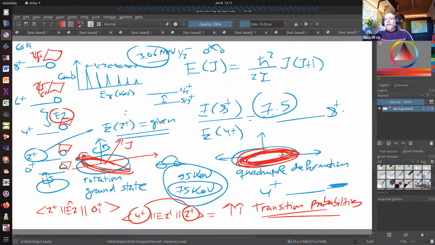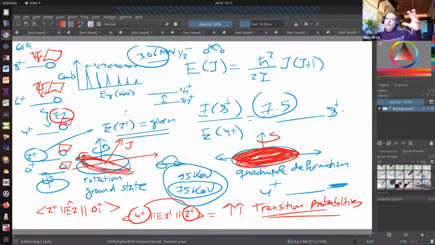This nice deformation makes the nucleus rotate. And again, the energy of rotation is much smaller than whatever we have for a vibration, and generally for a single particle excitation. Okay, so these are the things that we need to know.